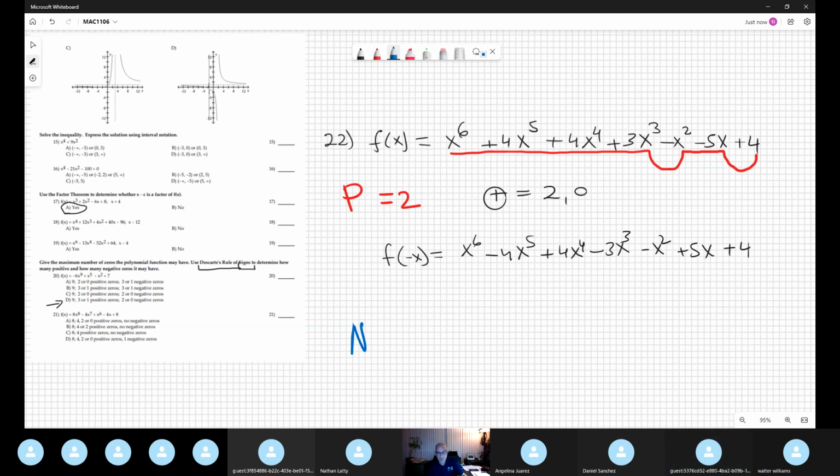Now I investigate the sign. 1 change of sign, 1 change of sign, 1 change of sign, no change of sign, 1 change of sign, no change of sign. It's obvious the number is 4: 1, 2, 3, 4. Now the number of negative zeros is 4, 2, or 0.